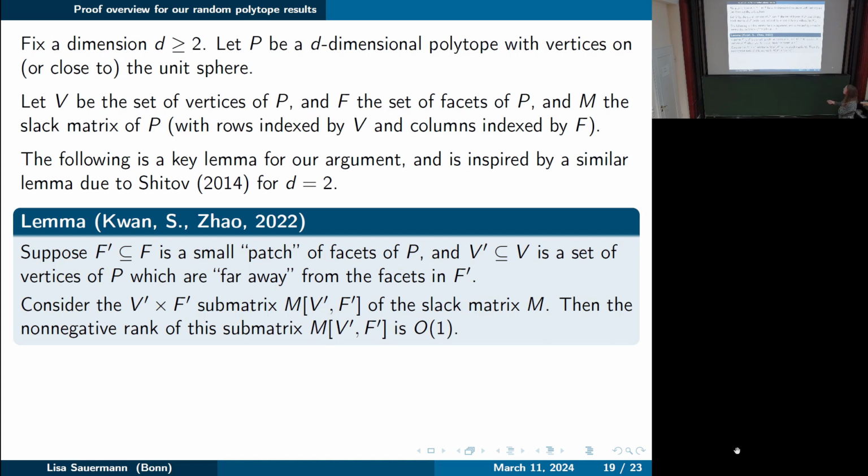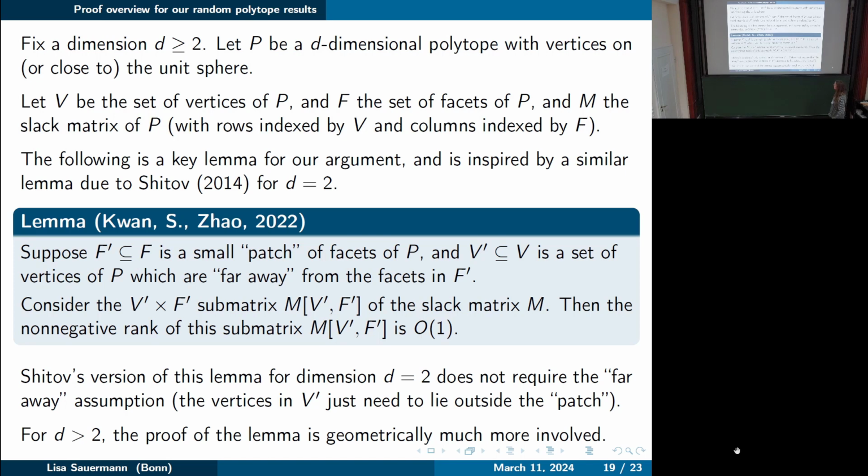Now let's look at the submatrix of the slack matrix with the vertices in V prime and the facets in F prime. And what this lemma says is that the non-negative rank of this submatrix is bounded by some constant only depending on D and not on anything else.